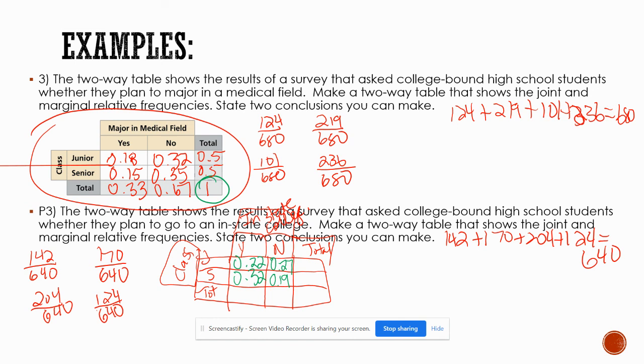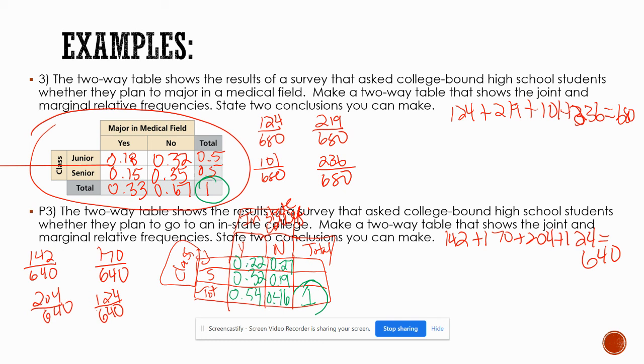Now for our marginal relative frequencies, those are our totals. So we add 0.22 plus 0.32 is 0.54. 0.27 plus 0.19 is 0.46. Add 0.54 and 0.46 and we get our magic 1 there.